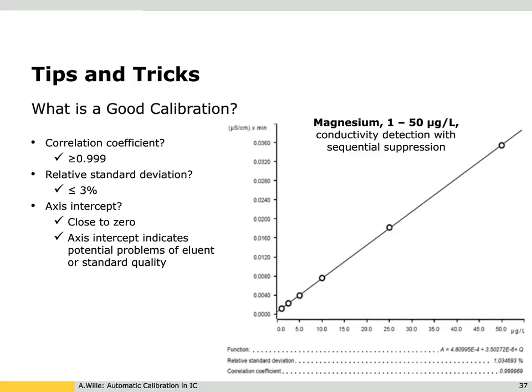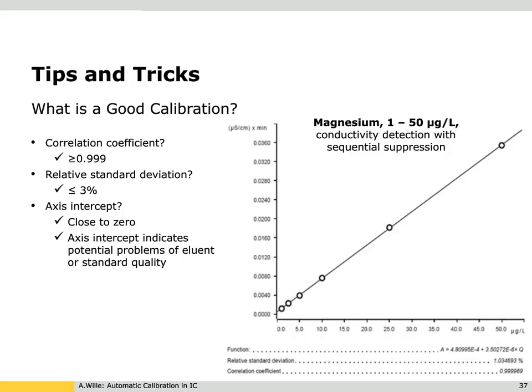Higher than 5%, I would say there's something wrong and you should redo the calibration. And have a look at the axis intercept. It should be close to 0. If it is higher than that, that is an indicator that you have problems with blanks in the eluent or in the standard solutions.